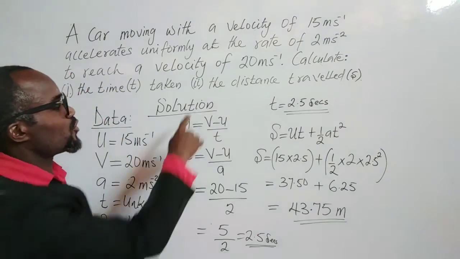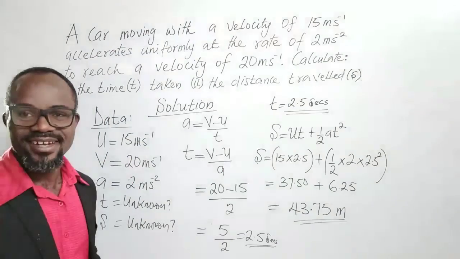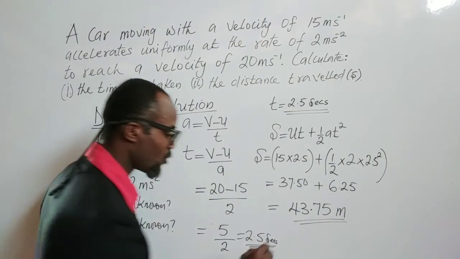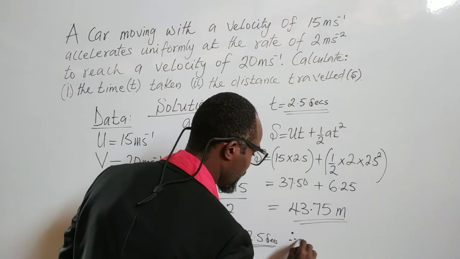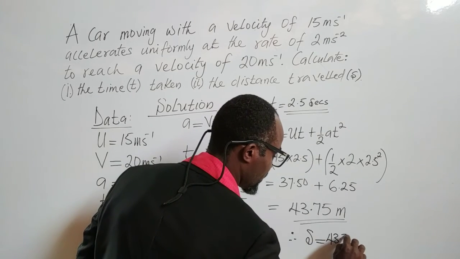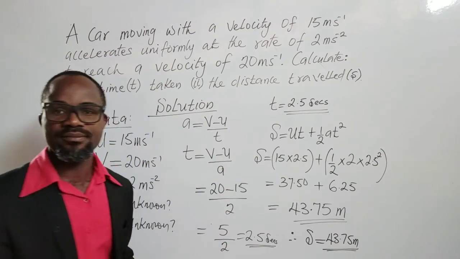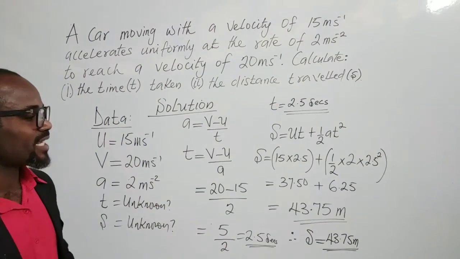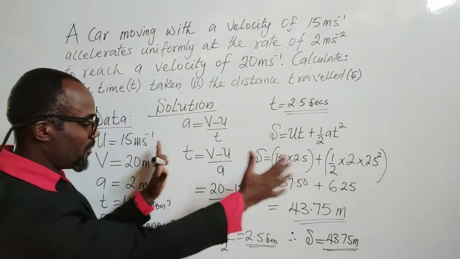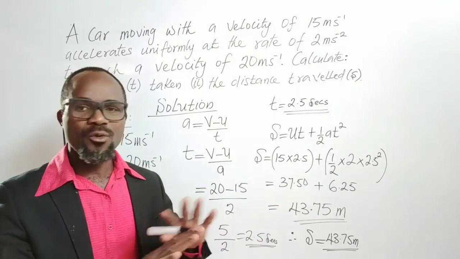That is the distance traveled in this particular time. So it has been found, and we can conclude by saying, therefore, x, the distance traveled, is 43.75 meters. Solved. So it has been resolved in that way, and with this formula, as you see, you can solve so many questions.